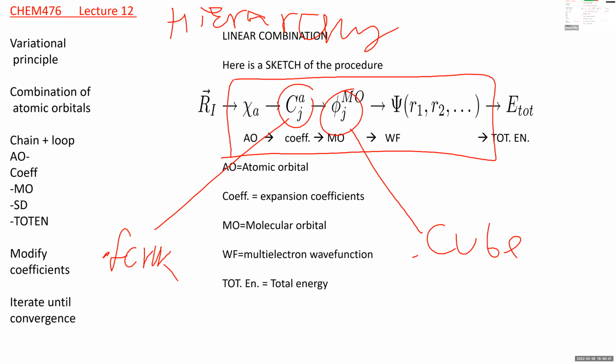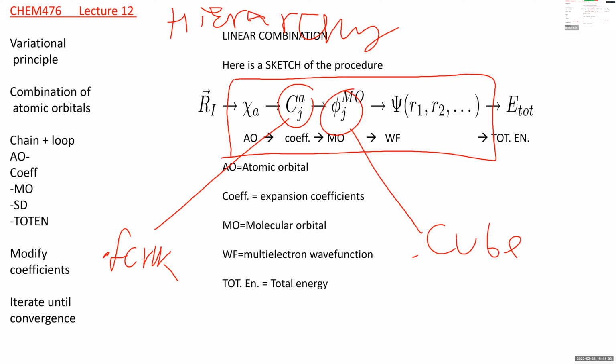Here, this idea is summarized once again. We have a stream from positions of ions, which are the input to our practical computation, to atomic wave functions, which we choose as a basis, to expansion coefficients, to molecular orbitals, to multi-electron wave functions, to total energy. And we need to minimize total energy.